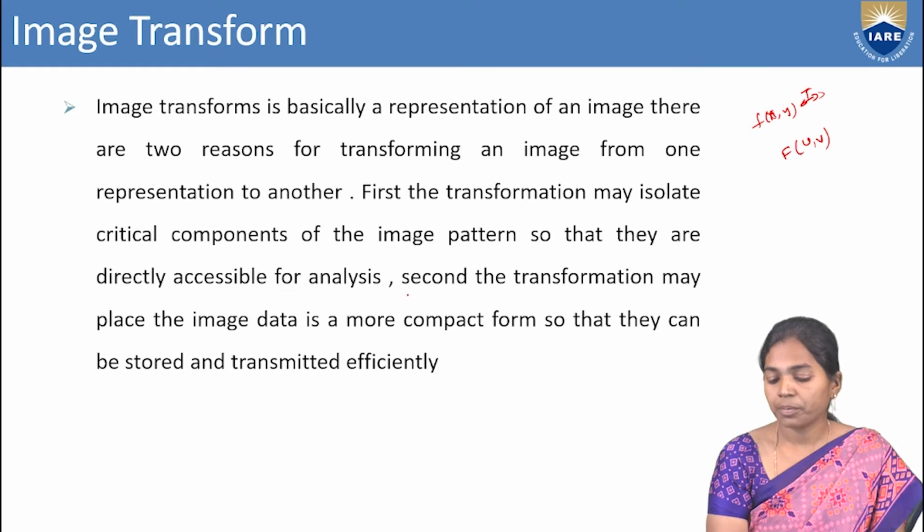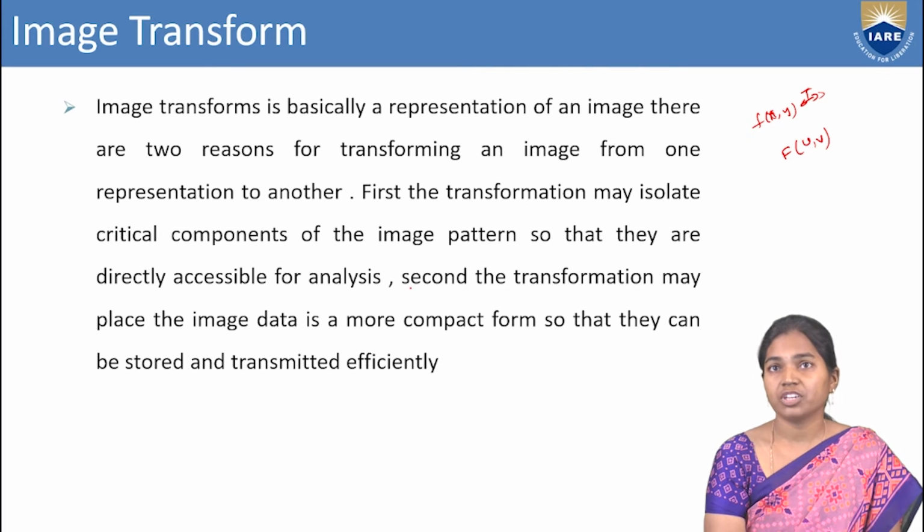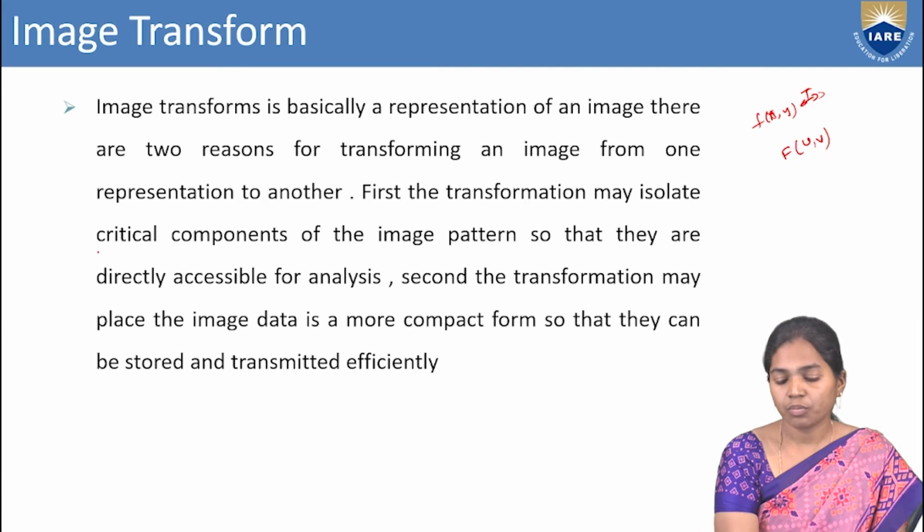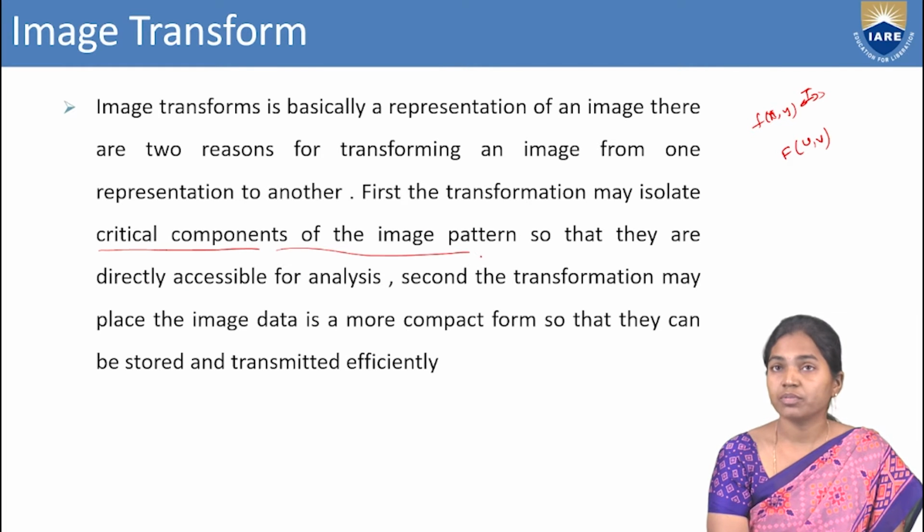For that case they are easily accessible for analysis. So why we go for image transforms means first we can isolate the critical components of the image pattern, and with this we can easily access them for analysis.